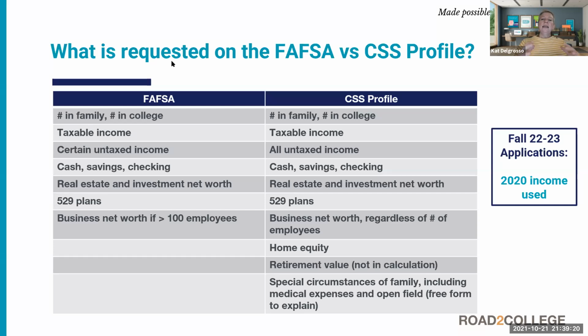And so the calculations take a look at not just what you have earned, but what you've had to pay out in taxes, state and local taxes, federal taxes. The calculation looks at how many people you have in the family and how many are in college, because a larger family will get more allowances in the formula than a smaller family, because you have more mouths to feed, more people who need to sleep in your home or apartment, and more people you have to buy supplies for.